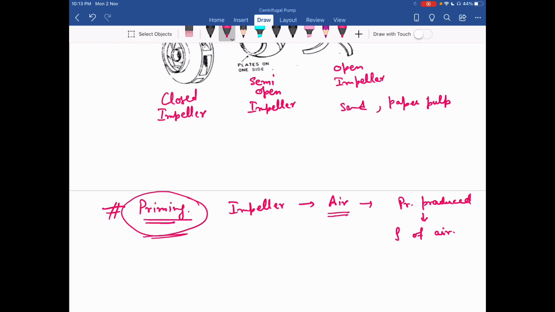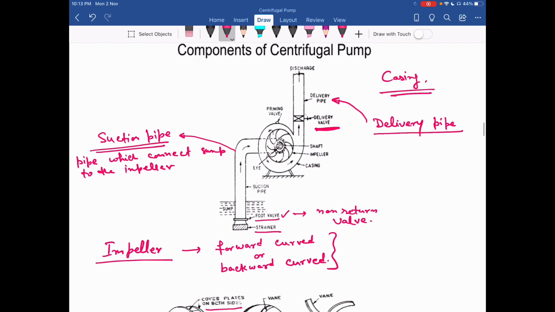To do priming, we provide one valve in the centrifugal pump, called the priming valve. When the priming is completed and the motor is started, the delivery valve is closed so that the required starting torque is reduced.